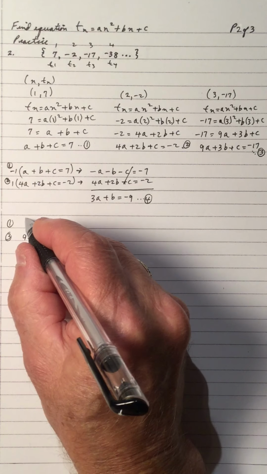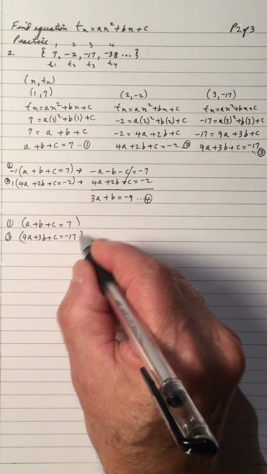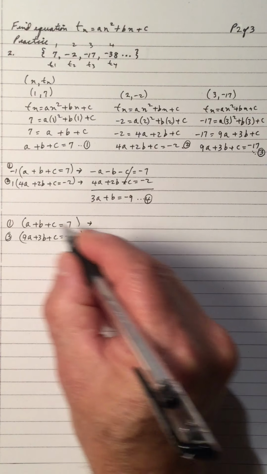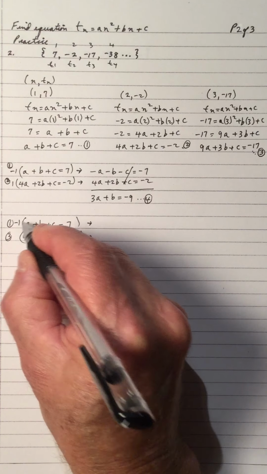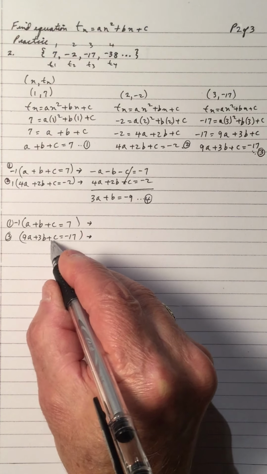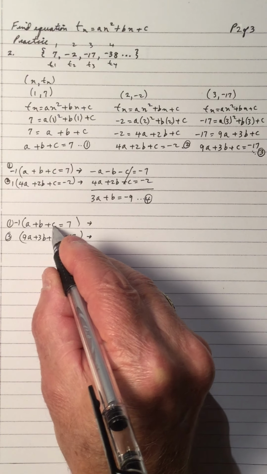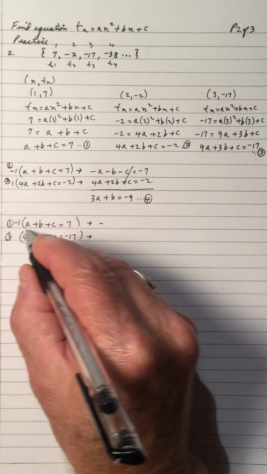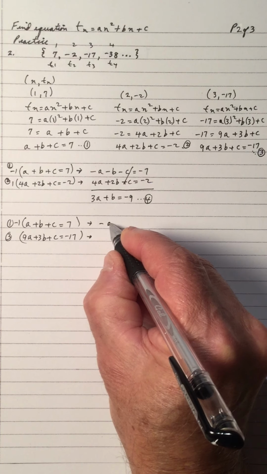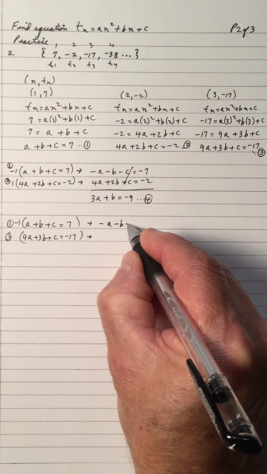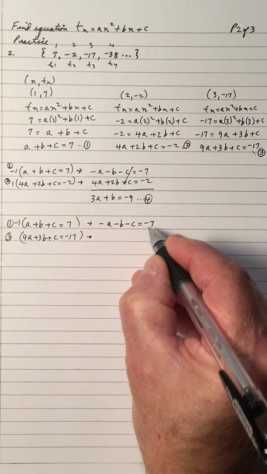Wrote it down. Again, I'm going to do elimination. It's much faster to do elimination. So I'm going to multiply by -1 again because that's a 1C. I want a -1C. So -1 times all of these is -A minus B minus C equals -7.